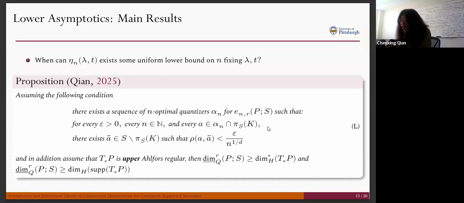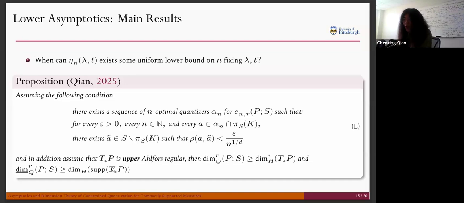So the assumption here can be understood as some density argument. For each point of the quantizer, which is in pi sk, we can make a small perturbation to find another point which is in the constraint set rather than the projection of k on S, so that the distance between A and A delta is not small enough.